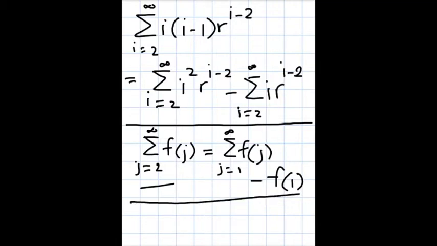Okay, so using this concept and writing these two summations so that the index starts from 1, we get the sum from i equals 1 to infinity of i squared r to the i minus 2, minus, if I put i equal to 1 in this whole thing, what will I get? r to the power of minus 1, which is 1 over r.